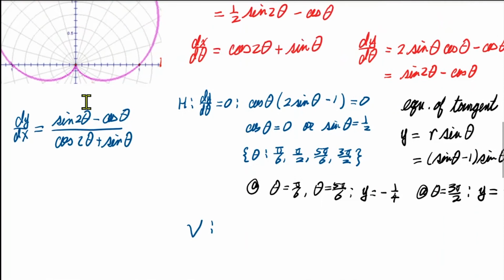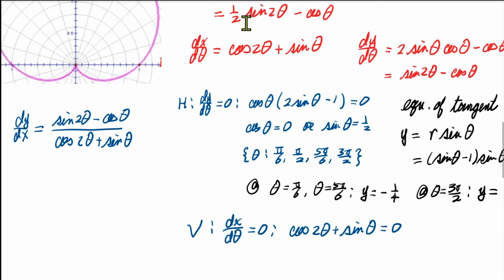Undefined slope. Meaning you set this thing equal to 0. So we set dx over d theta to 0. Okay, then we have, well, instead of that, I'll just write it: cosine 2 theta plus sine theta needs to be 0 now.